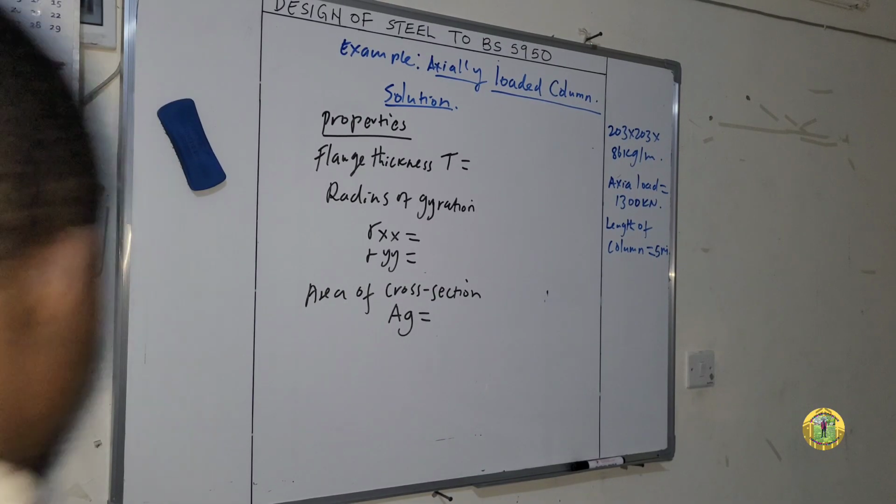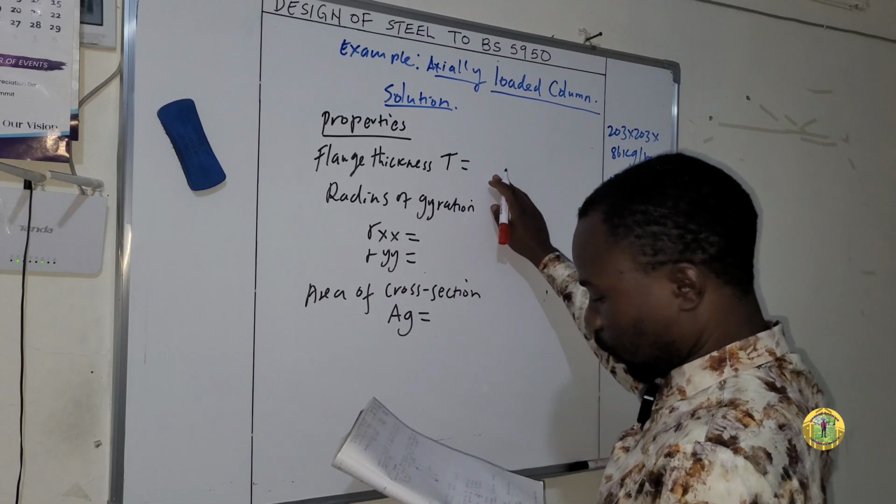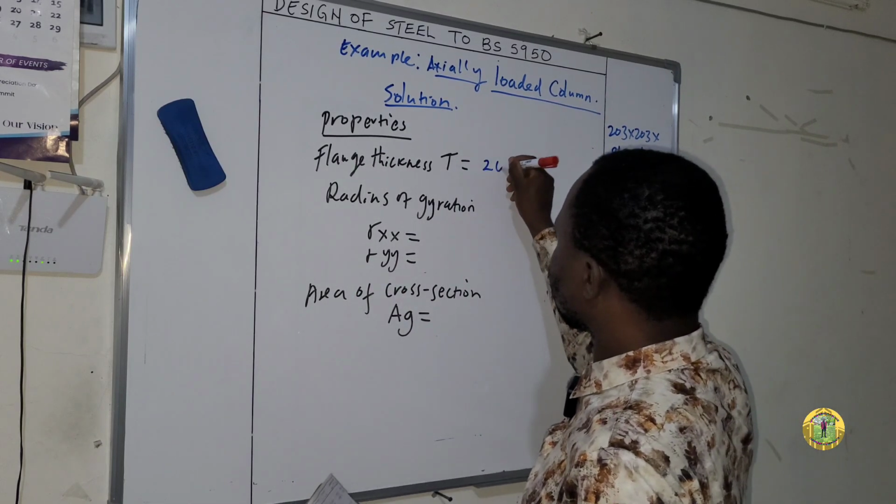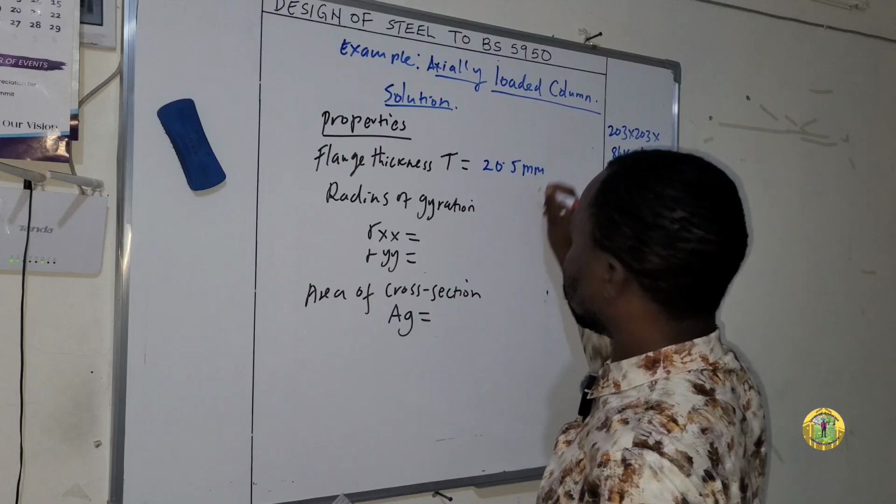So let me write these values. So capital T, we have 20.5 millimeter.